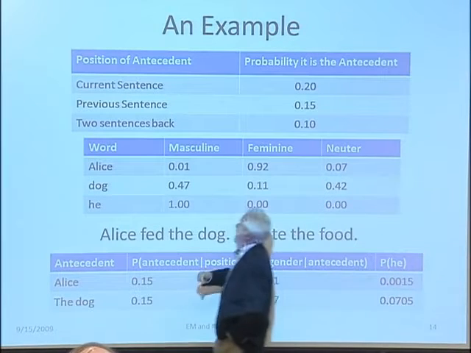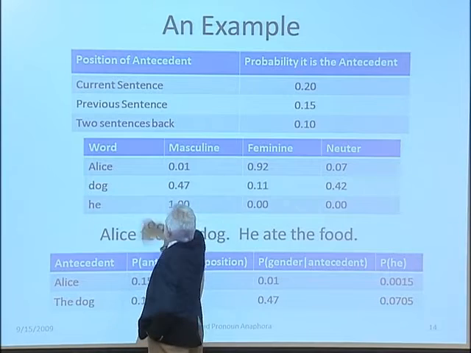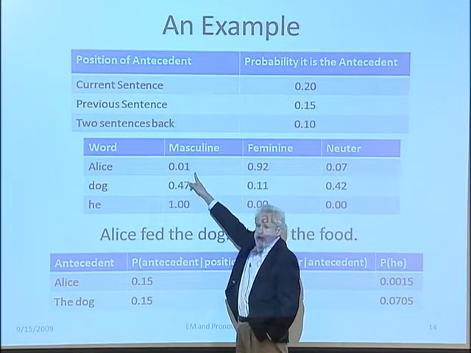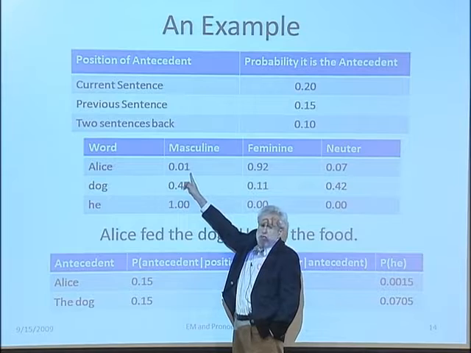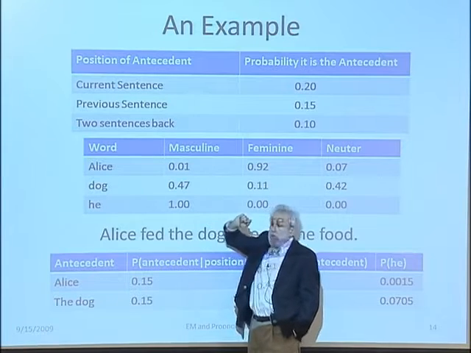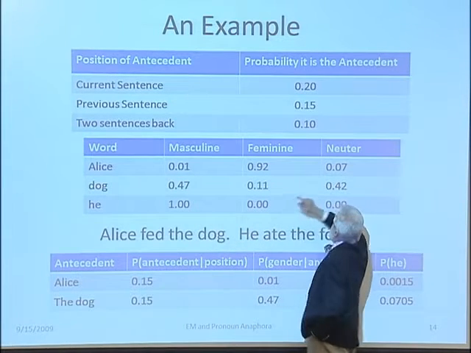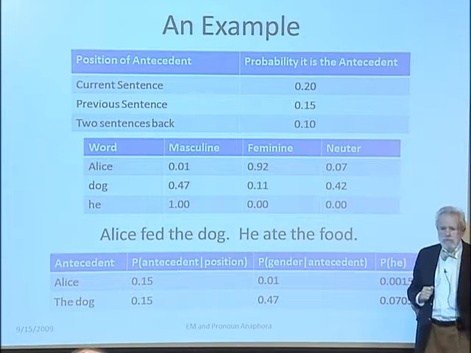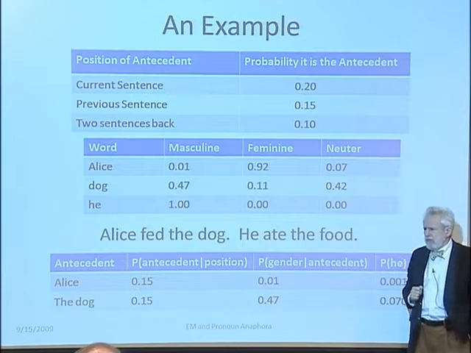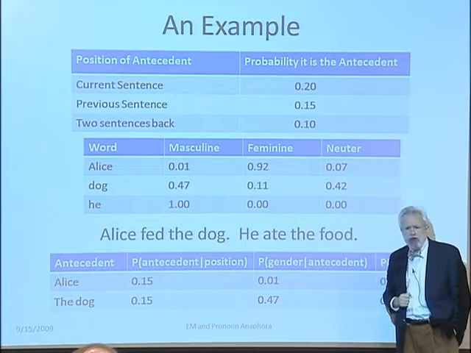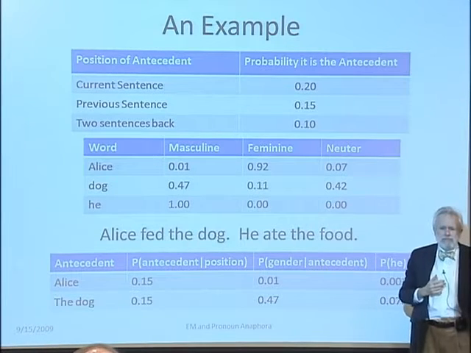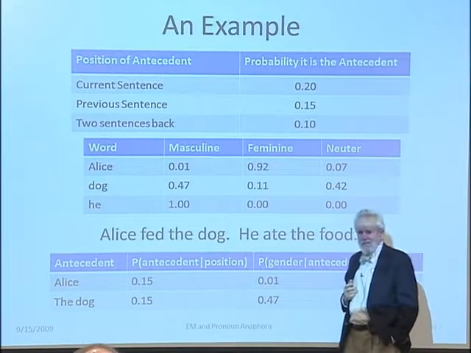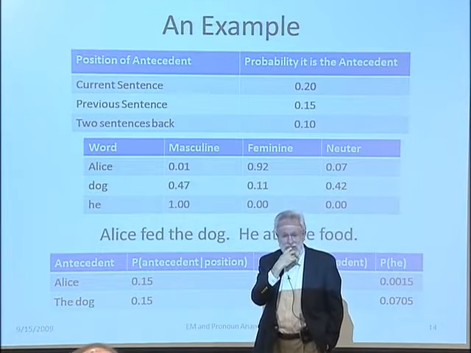The probability that Alice is masculine is 0.01. This is actually a real number determined by my program. 0.92 feminine and 0.07 neuter. In point of fact, it's hard to imagine a real Alice being neuter, but my program, you know. Your program's unsupervised, so it figured this out by EM. Yeah, sometimes it gets it wrong.